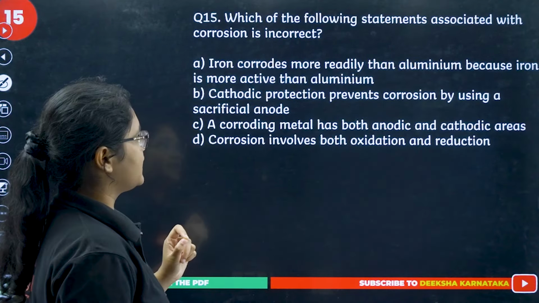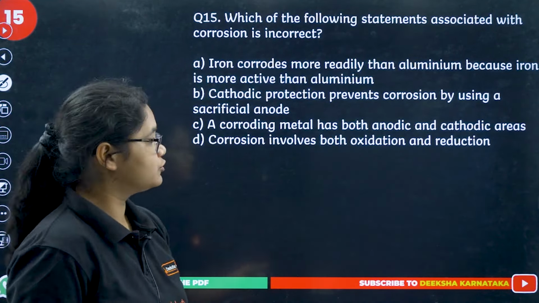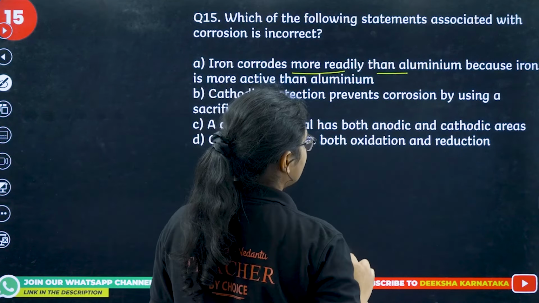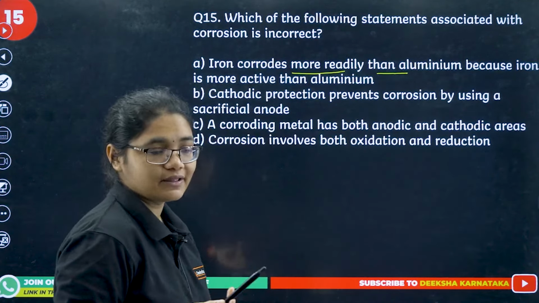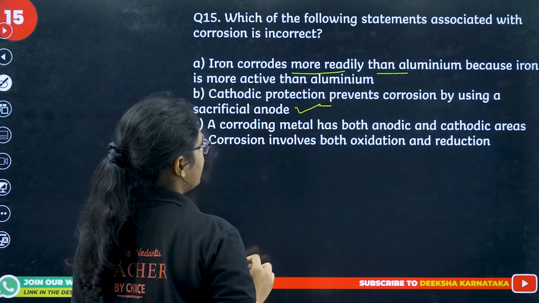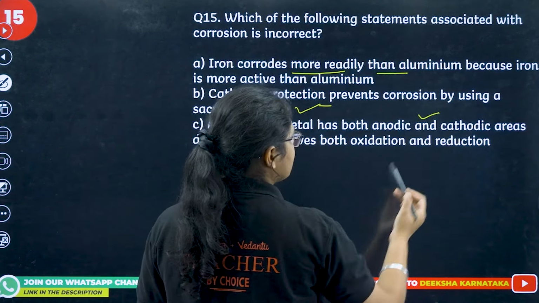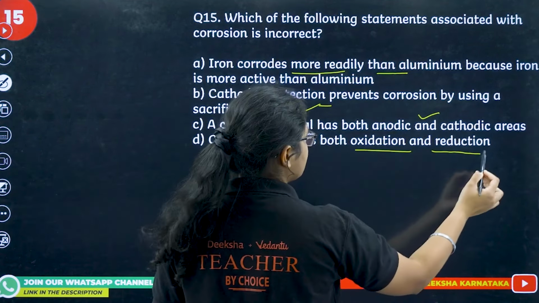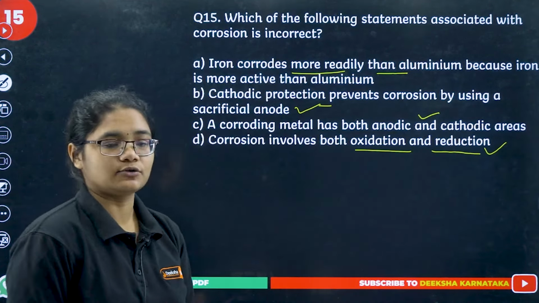Next, which of the following statements associated with corrosion is incorrect? Iron corrodes more readily than aluminium because iron is more reactive than aluminium. Cathodic protection prevents corrosion, yes, that is correct. A corroding metal has both anodic and cathodic areas, that is also correct. Corrosion involves both oxidation and reduction, that is also correct.